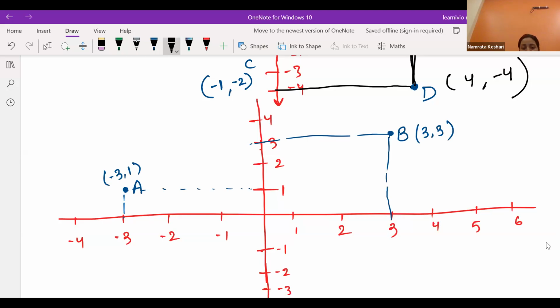What is the address of point C? -2 and 1, -2. First x, then y. Afia, x is 1 and y is -2, right? Yes, ma'am. If by mistake you write the address first -2 then 1, that means the address is incorrect.